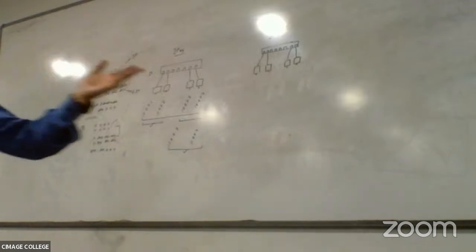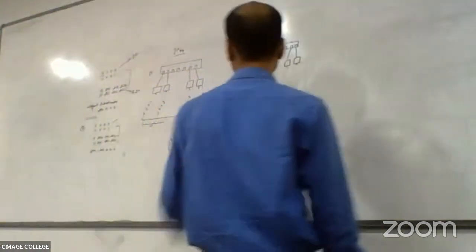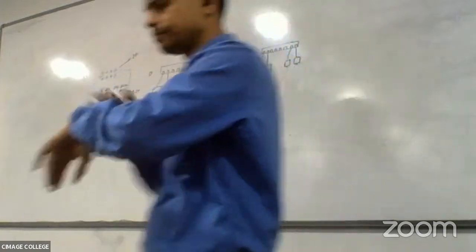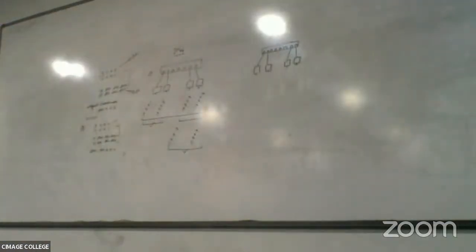Now, we have to move to IPv6. In IPv6, 128 bits are used in total. Clear? And out of 128, how many bits are used to define the network? 64. The first 64 bits will define a network, and the last 64 will define the host.